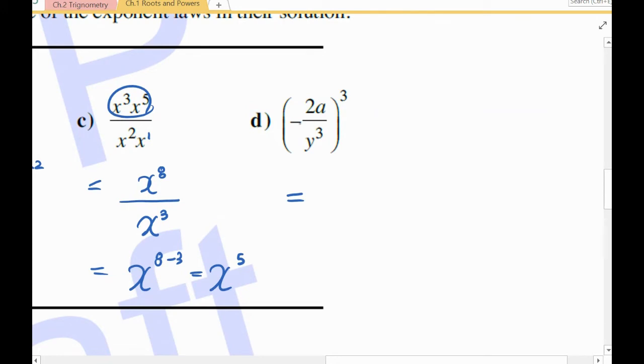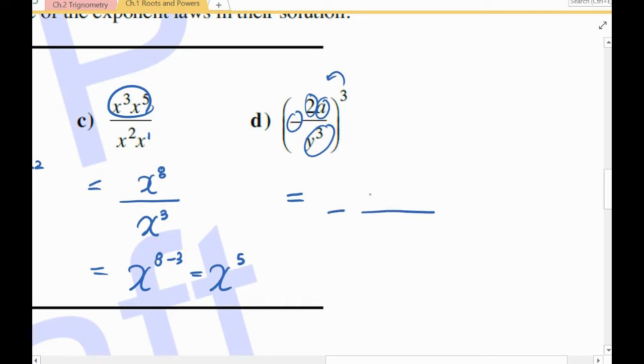Next question, you have 1, 2, 3, 4 items. Okay, you have to count negative signs separately. All right, so negative sign 2a y cubed. And you're going to distribute 3 into the bracket. So negative repeated 3 times. Is it positive or negative?